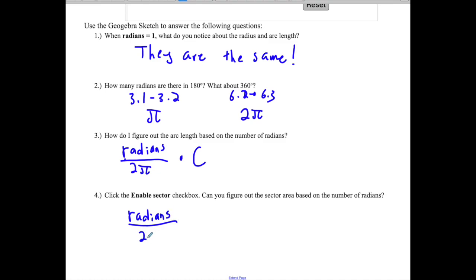We take the radians of the angle, we divide them by the total, and we multiply them by A. Because we know that 2 pi is the same as 360, and this is whatever your angle measurement is, right? So just like we did x over 360, now we're doing whatever our radians is over 2 pi. So those ideas really extend.